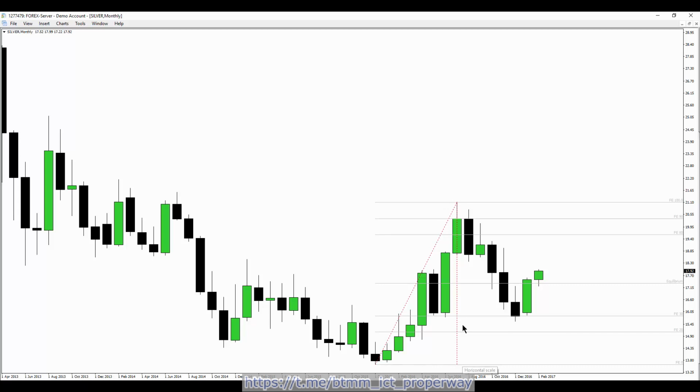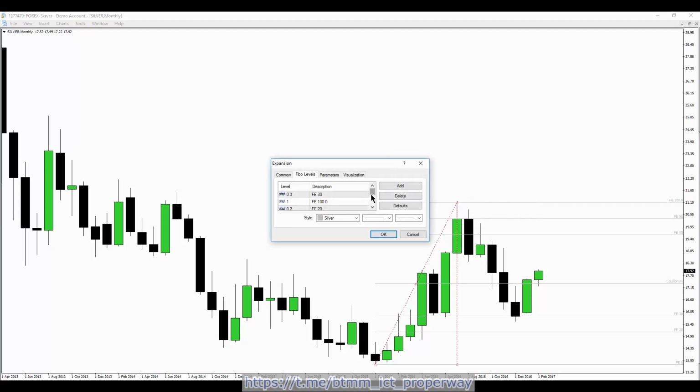Okay, so we have several levels in here indicated, and I'm going to show you what they look like. Go into the expansion properties, and this is how they are. You have the 0.3 Fibonacci extension 30, the 1 level, which is going to be the 100 level.